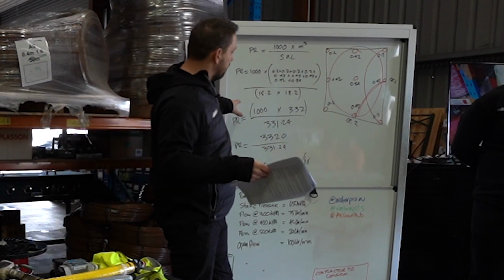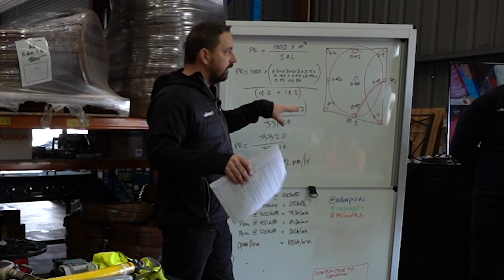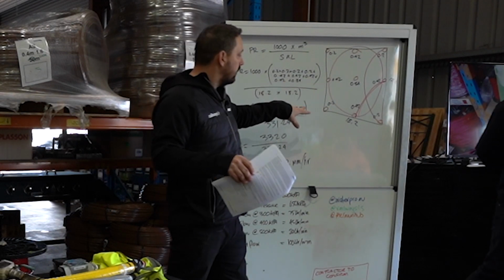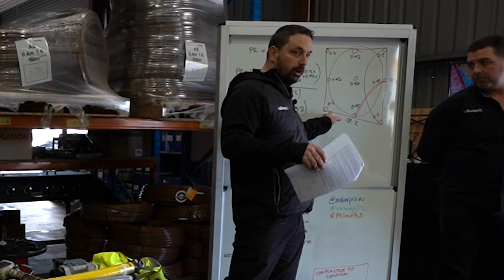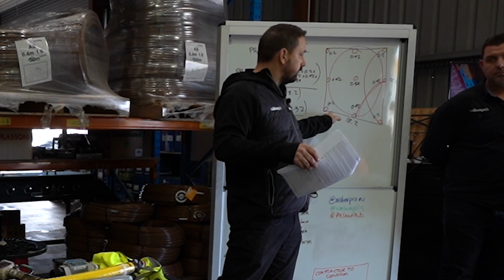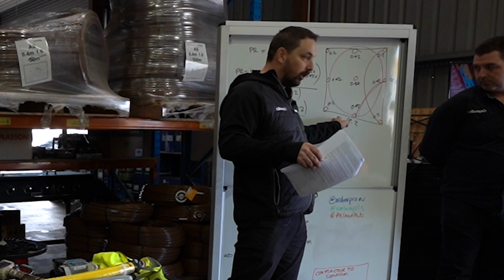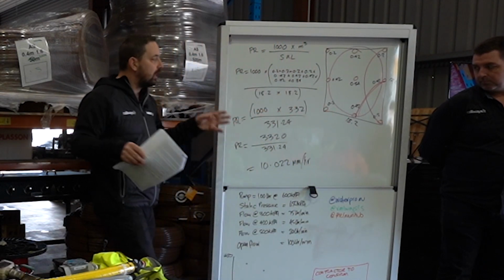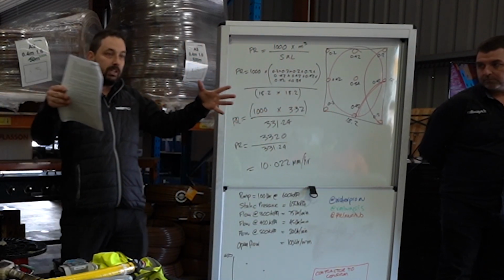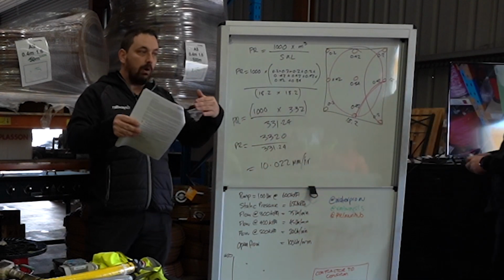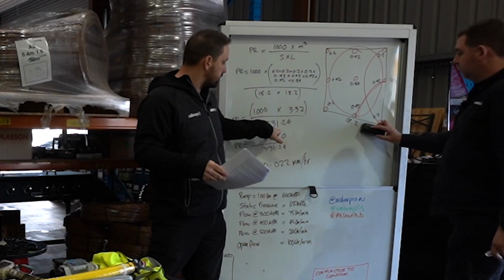Now, we won't run that formula, but as I was saying before, if we had this as our space, and we wanted to bring the sprinklers a little bit closer to allow for wind and that sort of stuff, what's going to happen is this number becomes reduced.